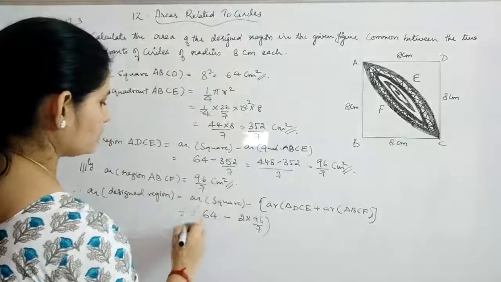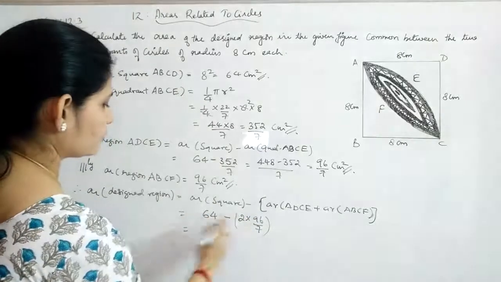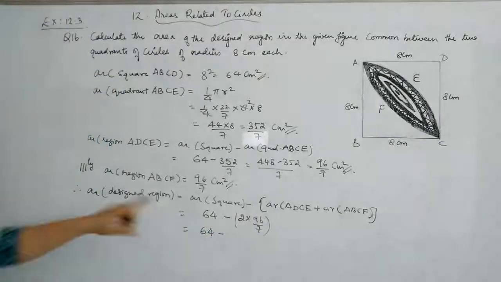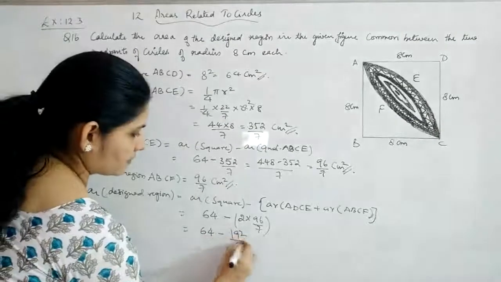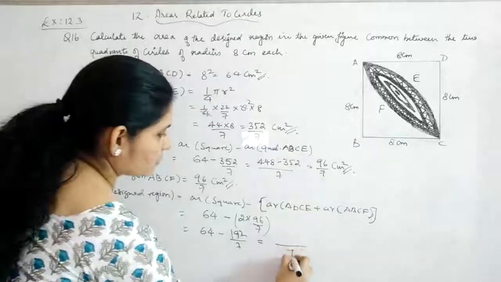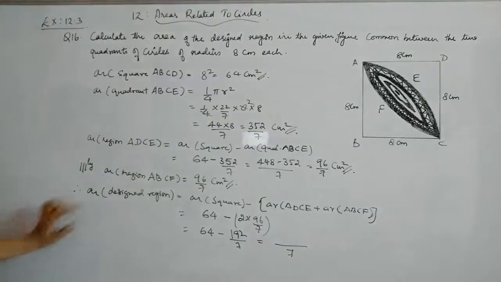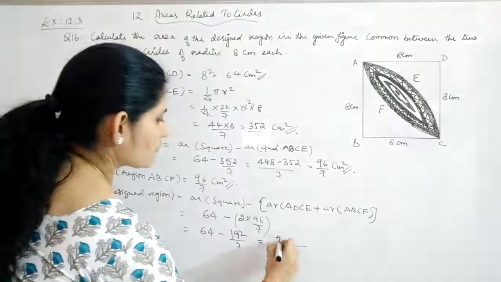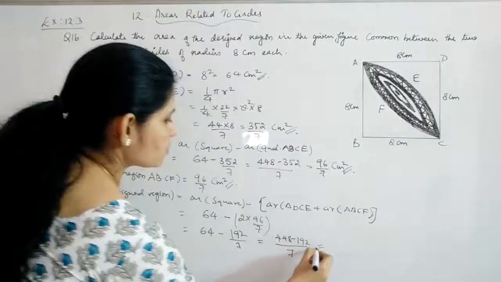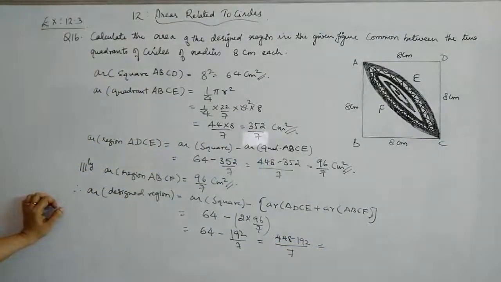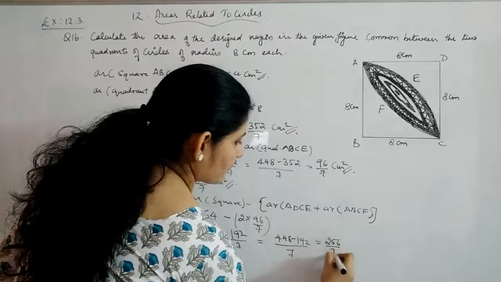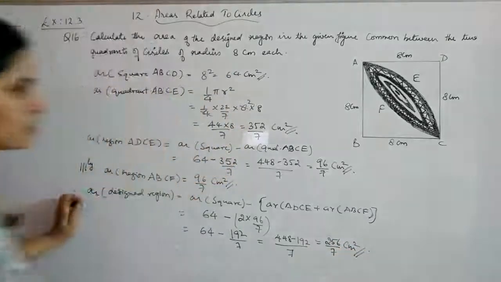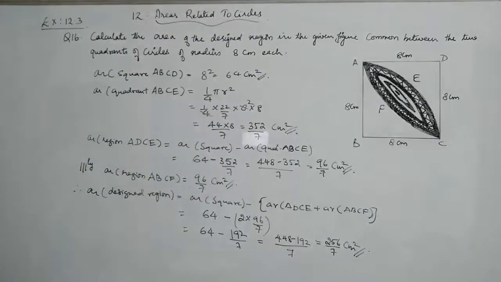Okay, now what is this giving you? 64 minus, here you will get 2 into 96 will give you 192 by 7. Taking the LCM will give you 64 into 7 is again 448. 448 minus 192 by 7, which is equal to 256 by 7 centimeter squares. Okay, understood?